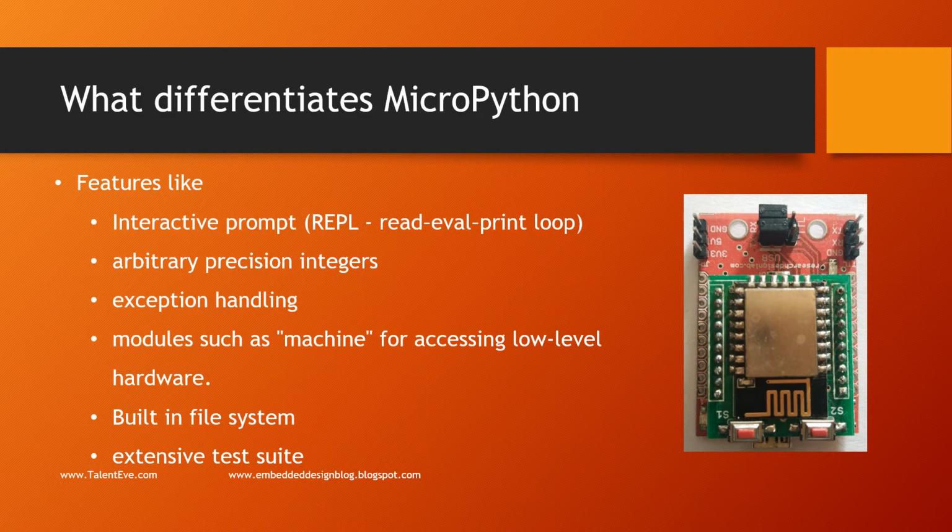And then the major advantage, the major drive in the industry, and the place where people find usage of Python or MicroPython is basically test and automation applications. So MicroPython has an extensive test suite which can be used for developing different test strategies for your application.